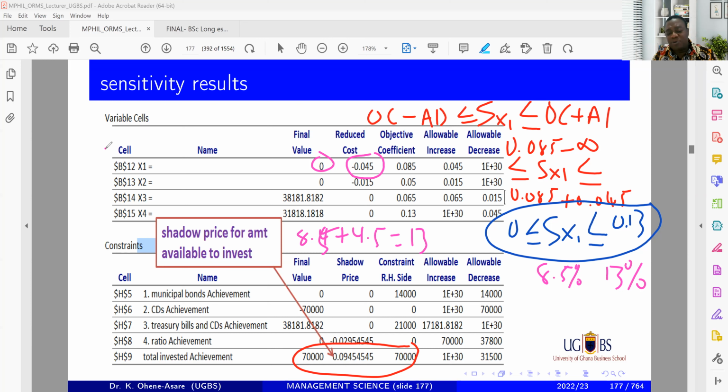As long as the interest rate is between 0 and 13%, the optimal solution, approximately 38,000 and 31,800 put into treasury bills and growth stock fund, will not change. Those values will not change as long as the interest rate is between 0 and 13% for municipal bonds.